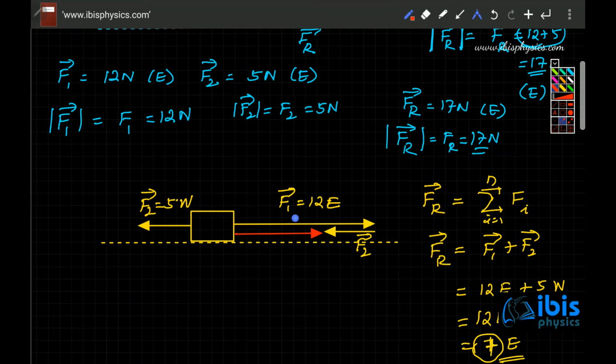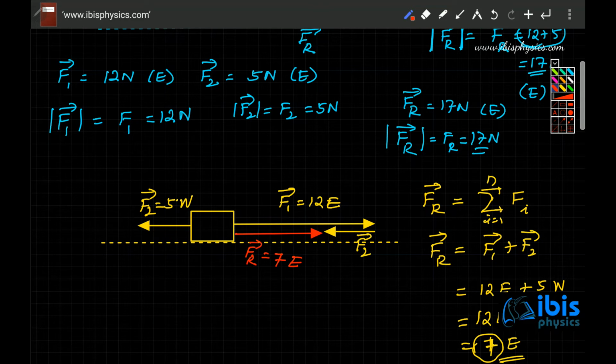Because this line is 12 centimeter and this line is 5 centimeter, 12 minus 5 is going to be 7 centimeter. Because 12 centimeter represents 12 Newton and 5 centimeter represents 5 Newton, the resultant 7 centimeter should represent 7 Newton force. That is how the resultant vector Fr here is equal to 7 Newton, but the direction is still towards east. So 7 Newton east.